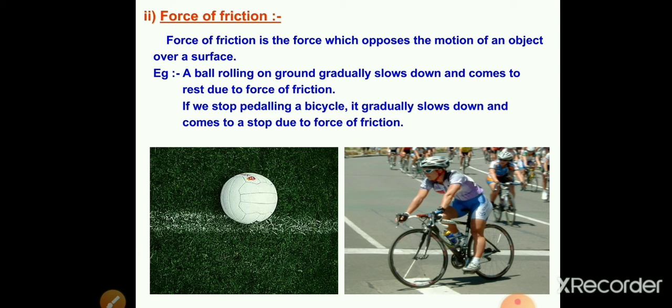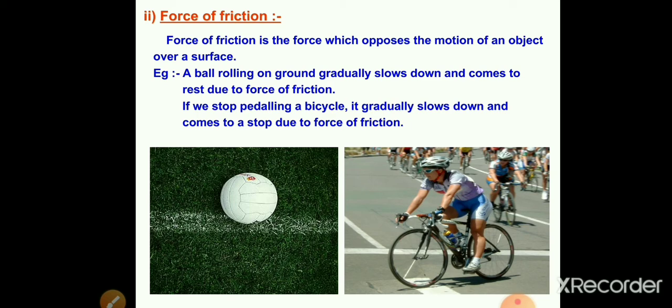What do you observe? In the case of the rubber ball, it stops after traveling a certain distance. In the case of the bicycle, it slows down and then stops.